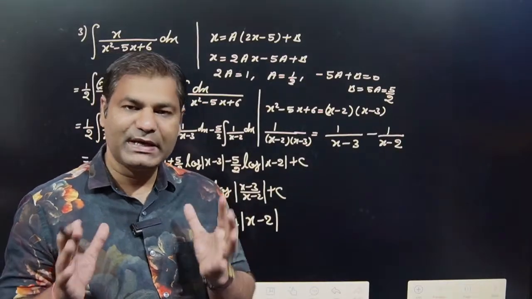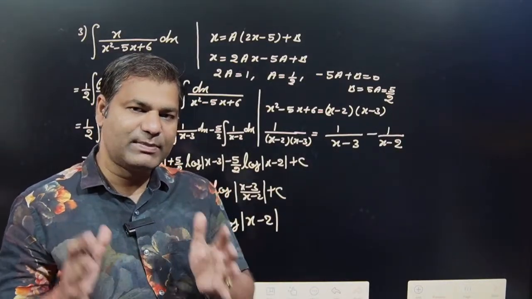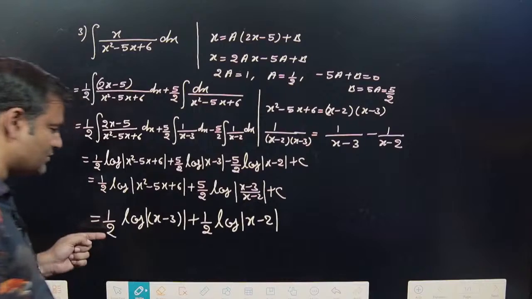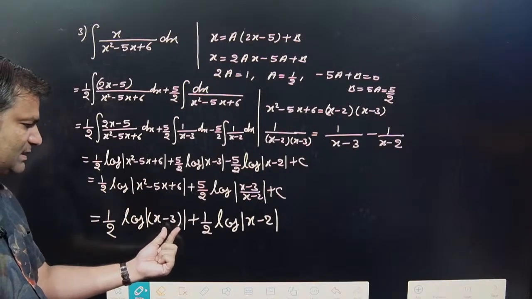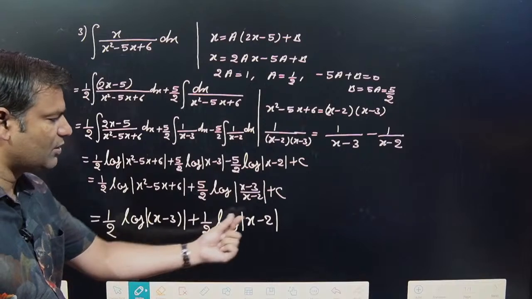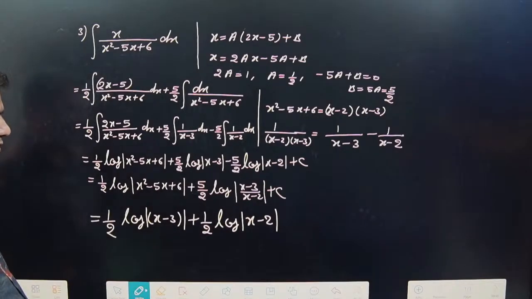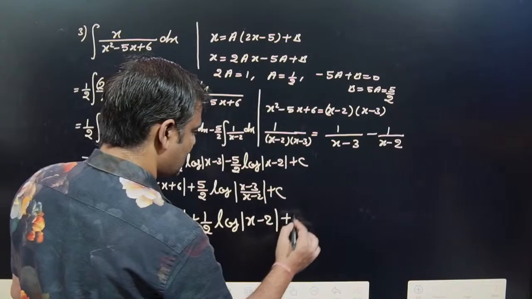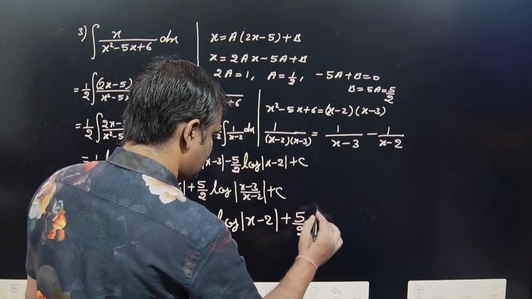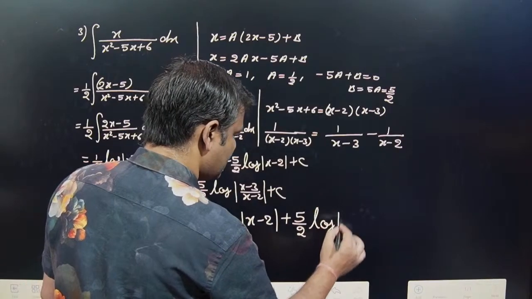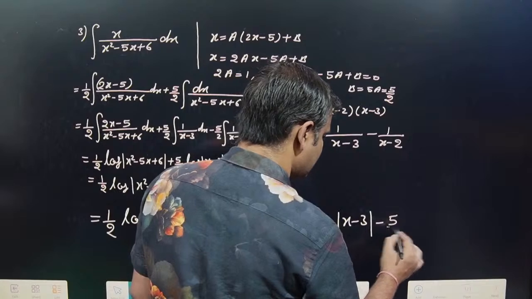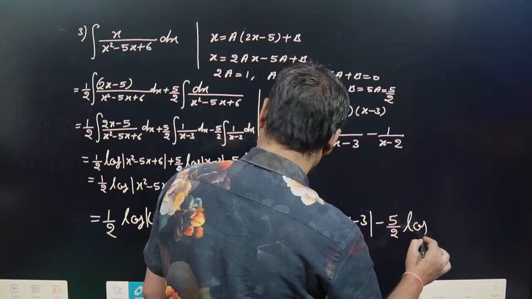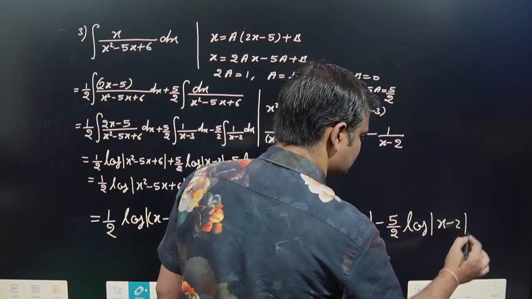So log of a into b is written as log of a plus log of b, and here 1 by 2 into log of x minus 3 plus half into log of x minus 2, and here log of mod of x minus 3 and minus 5 by 2 into log of x minus 2 plus c.